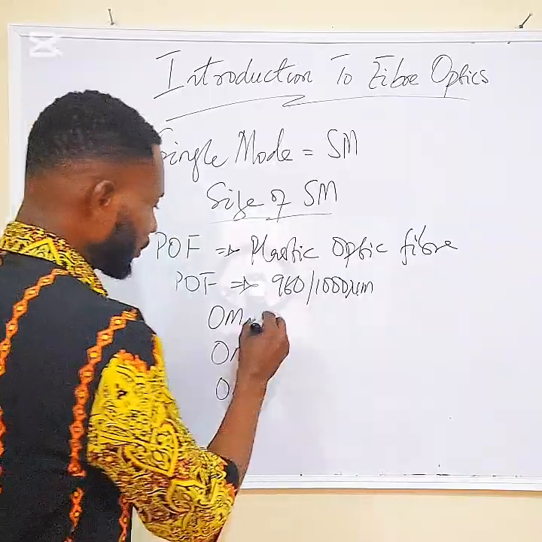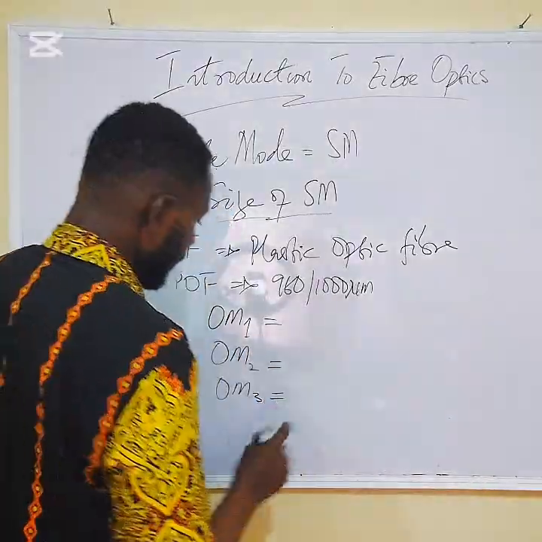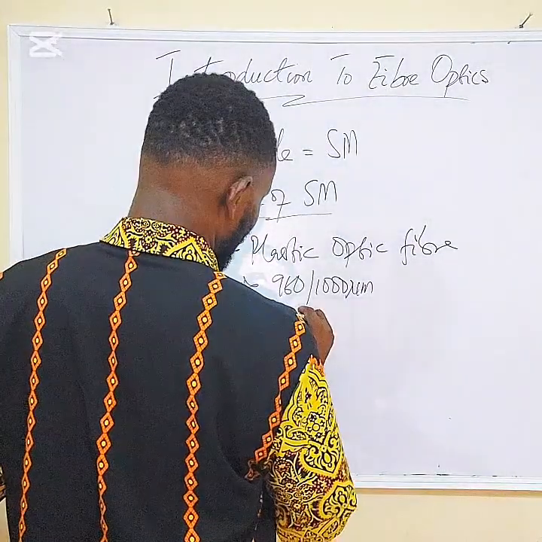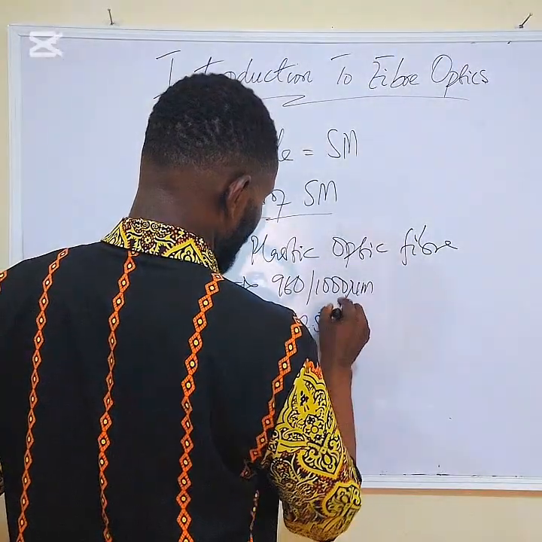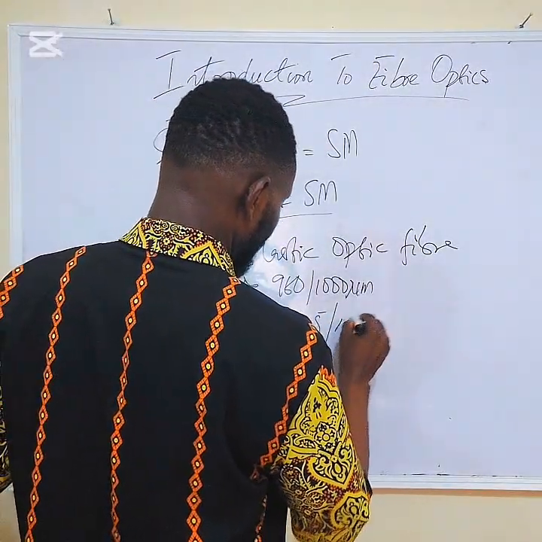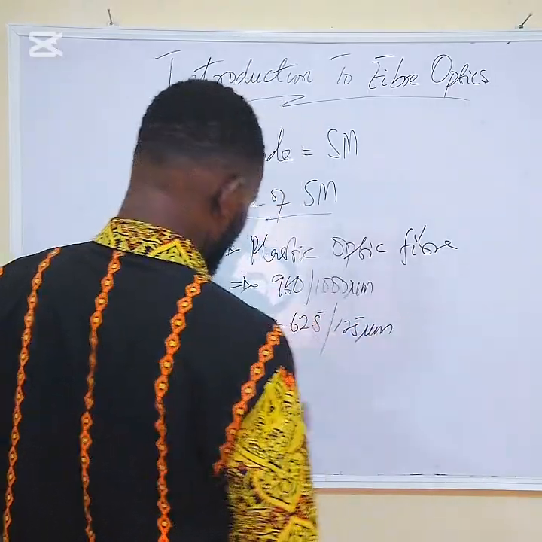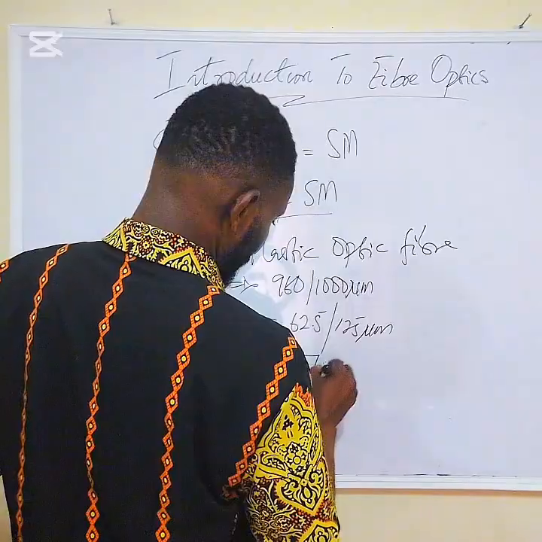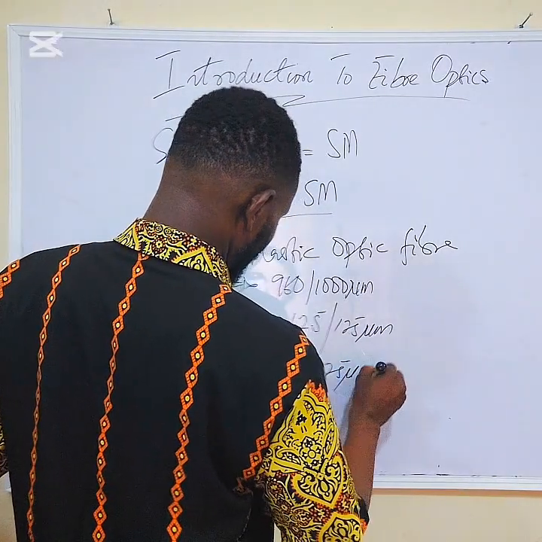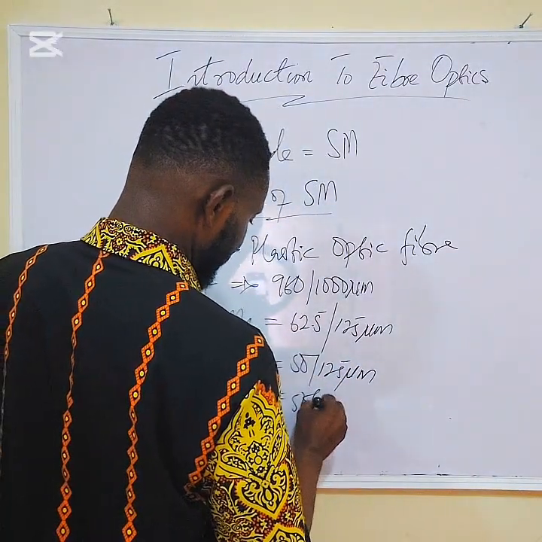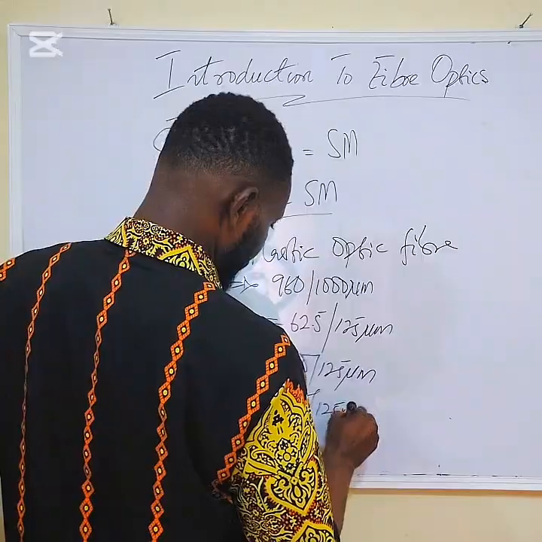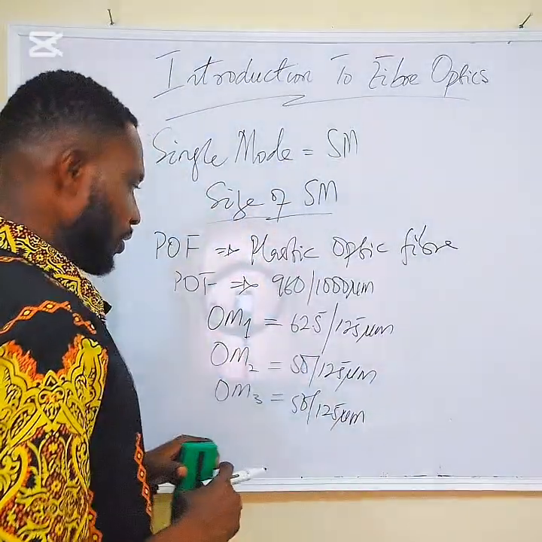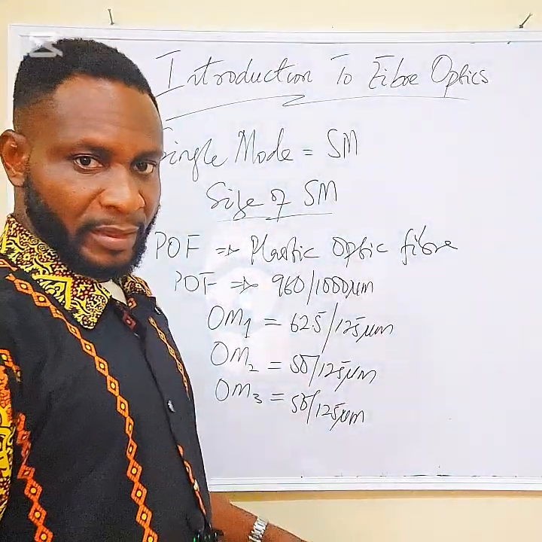OM1 says 62.5 slash 125 microns. OM2 says 50 slash 125. The same applies here, but with different capacity and speed.